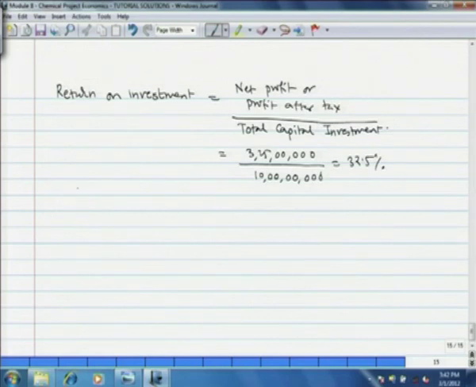Next, we have to calculate the payback period. Payback period is defined as fixed capital divided by the net cash accrual.